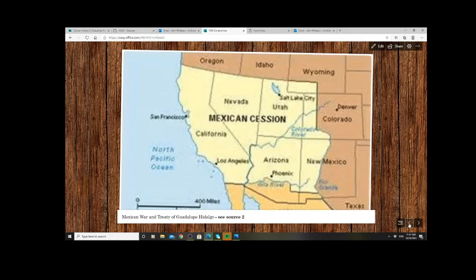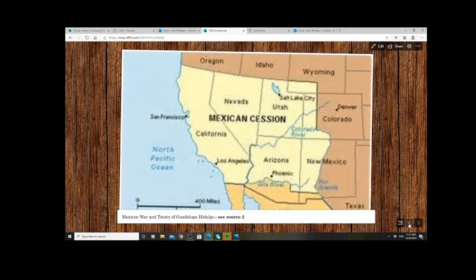Between 1820 right up until the outbreak of war in 1860, America takes 55% of the Mexican territory. It's quite a remarkable amount of what was Mexico now being the United States.